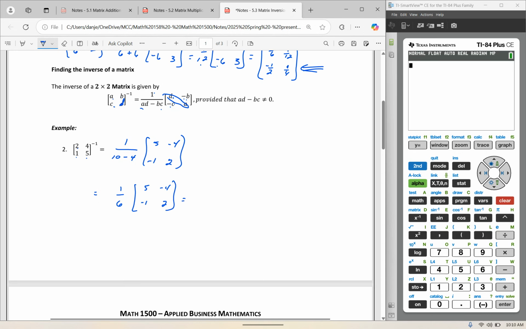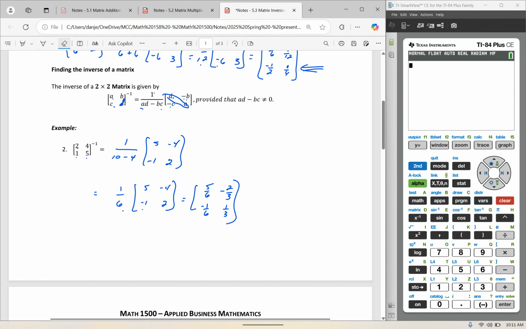Now I multiply everything by that 1/6, so I would have 5/6, -4/6 which is -2/3, 1/6 times -1 is -1/6, and 1/6 times 2 is 2/6 or 1/3. If this is matrix A, this is matrix A inverse.